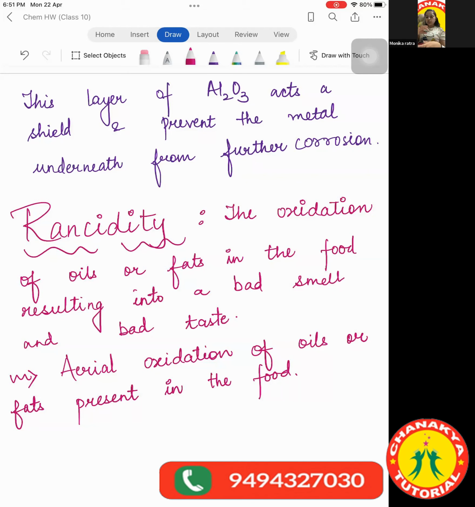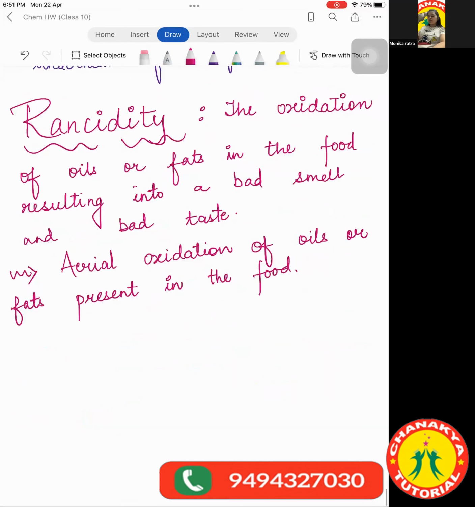This entire process is known as rancidity, and we say that the food becomes rancid. It means the oil and fats present inside our food get oxidized. The reaction occurs with oxygen, and when the food gets oxidized, it becomes stale and bad for eating.